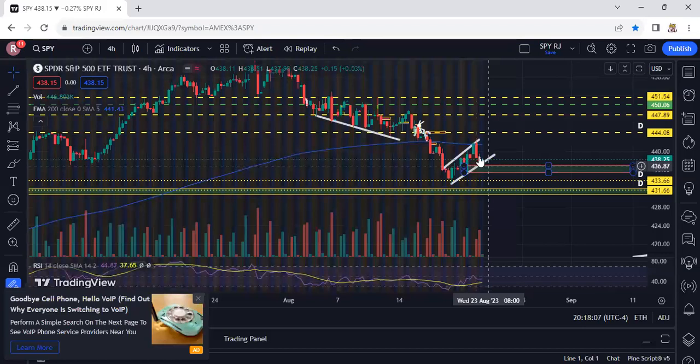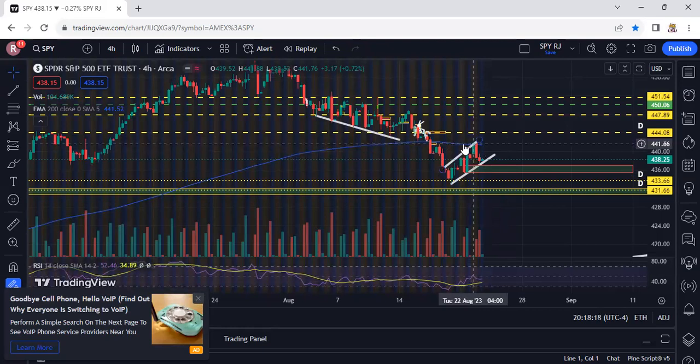To be possibly bullish, SPY needs to keep trying to make higher lows and higher highs. So SPY needs to get above this high of today, which is around 441, 442. It needs to get above that to be bullish.